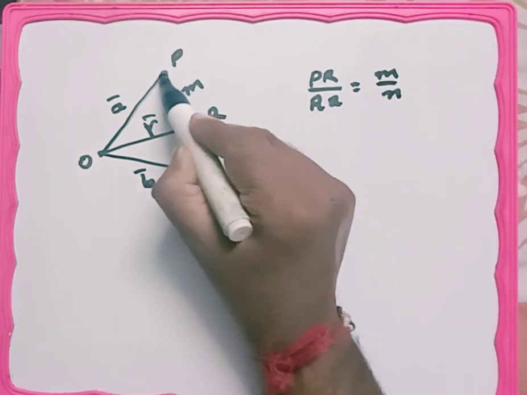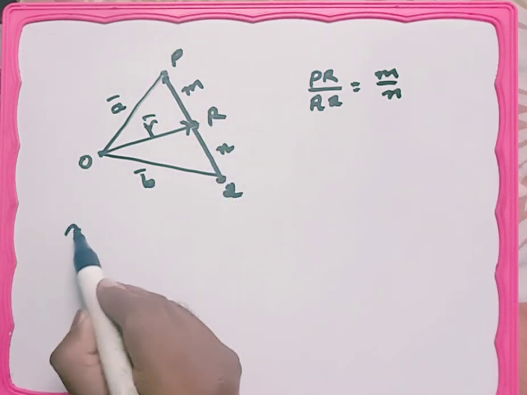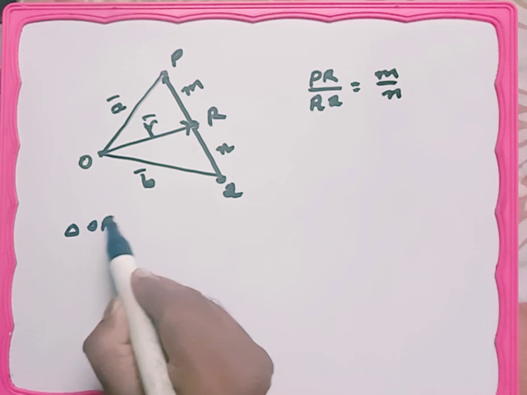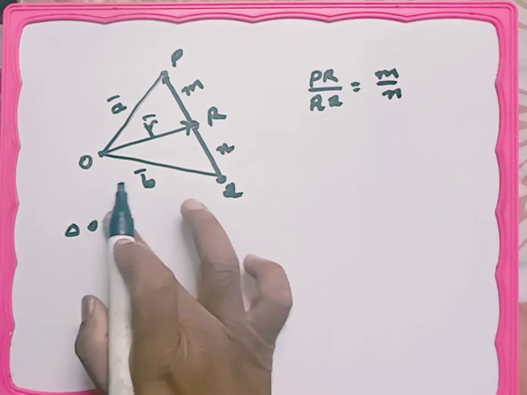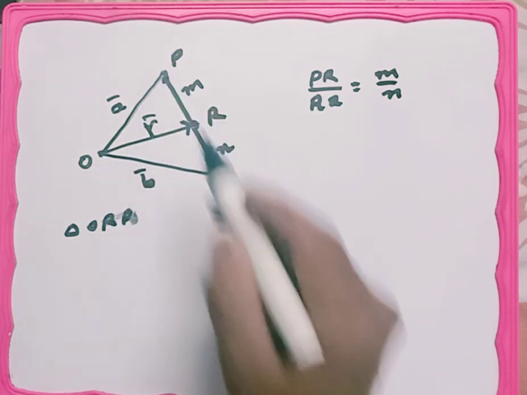Now these are the vectors, and so for triangle OPR we can take the vector here.